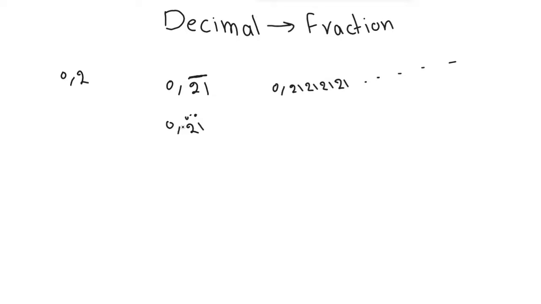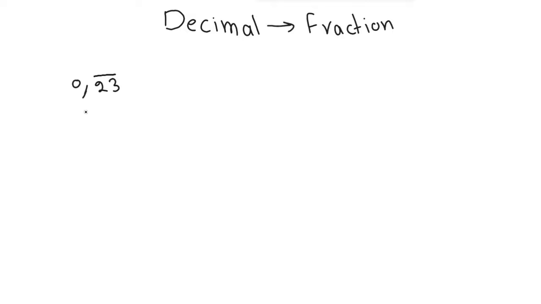If we had a repeated decimal, how can we change it to a fraction? Look, it's easy. For example, we have 0.23 repeated. Remember, if it was a normal 0.23, we change it to 23 over 100.